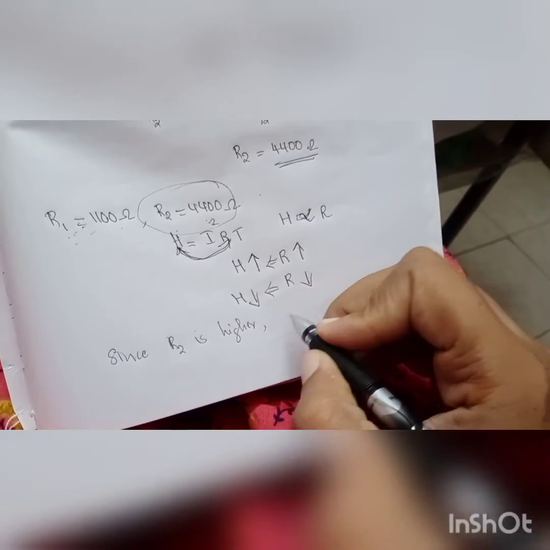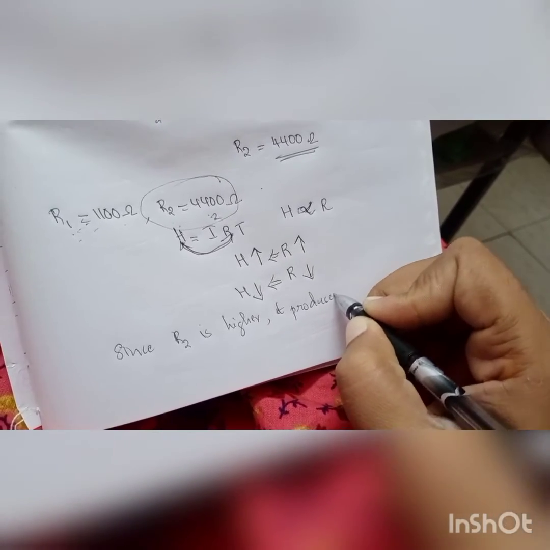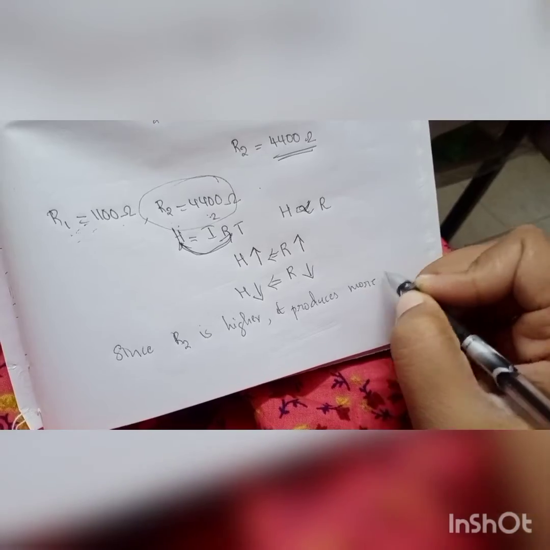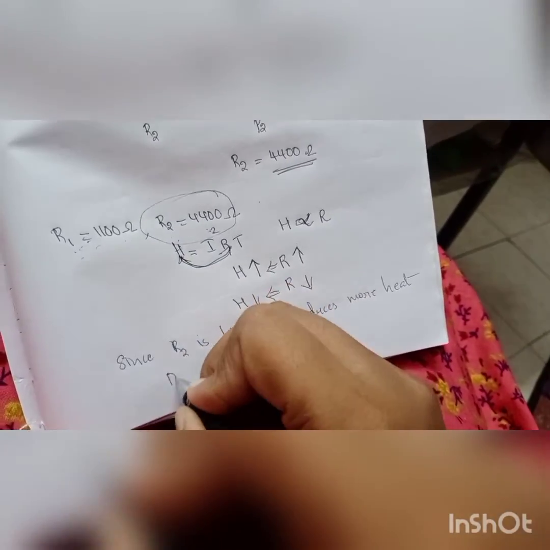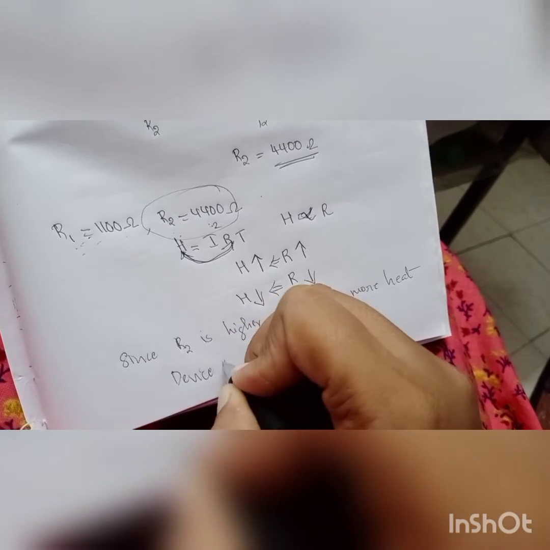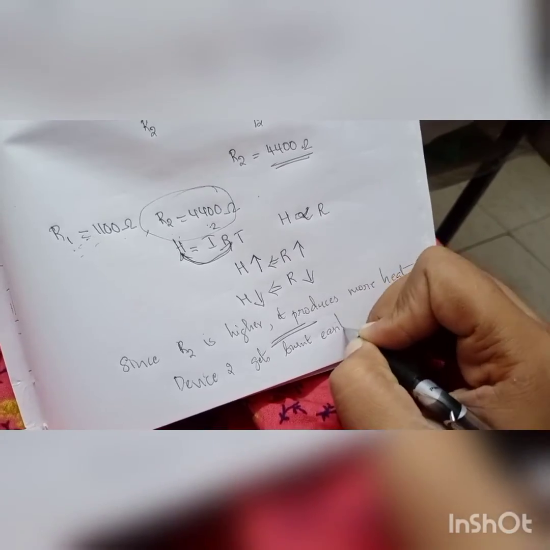The second device produces more heat and it is more likely to get burnt. So the answer is device 2. There are chances for device 2 to get burnt easily.